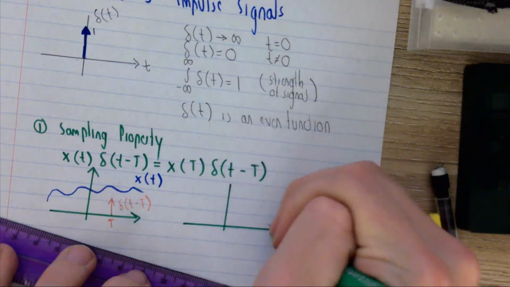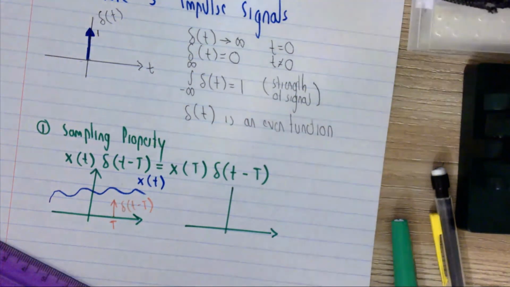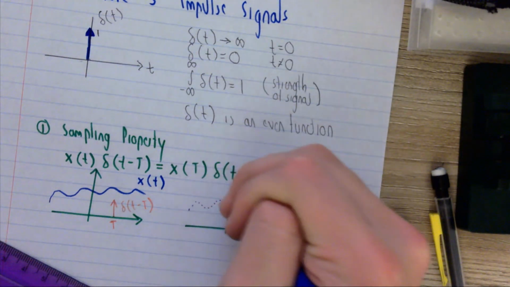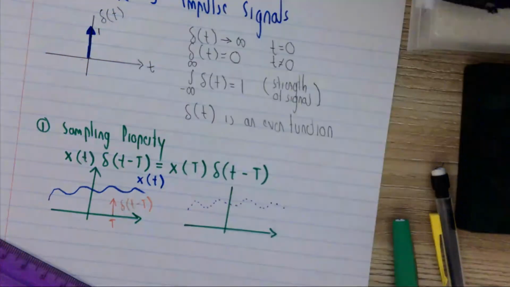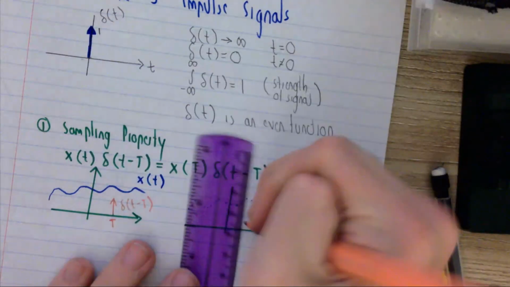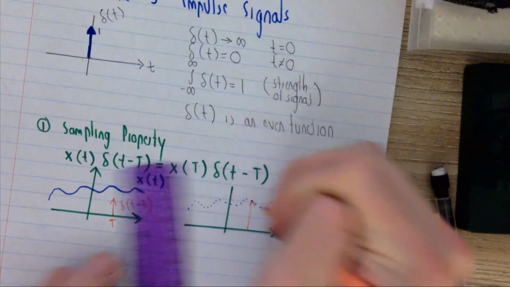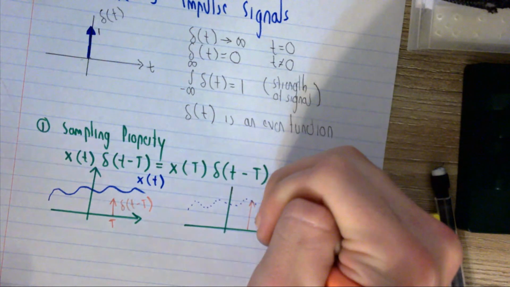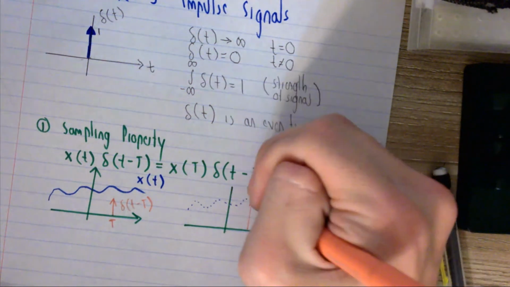I'm going to draw that signal again. At that point specifically, it's going to be the delta function times the value of the signal at that point. And so here we have the x of large T.